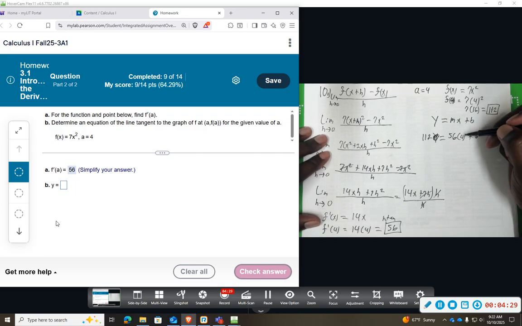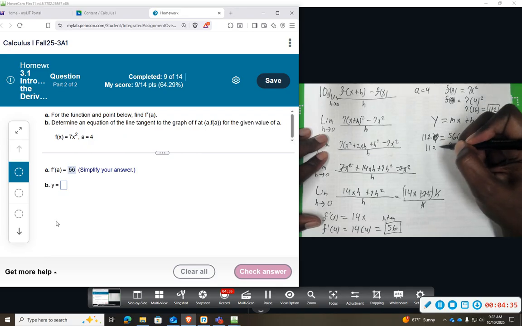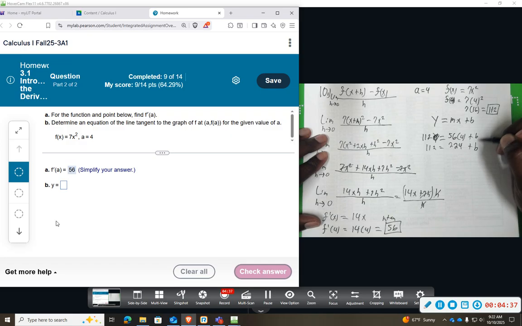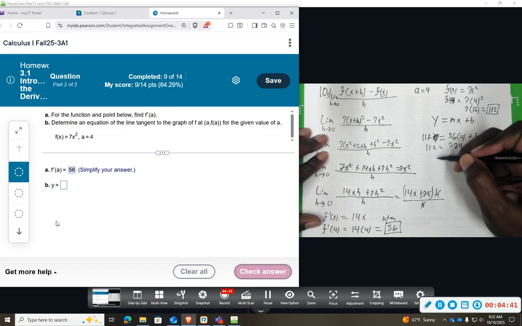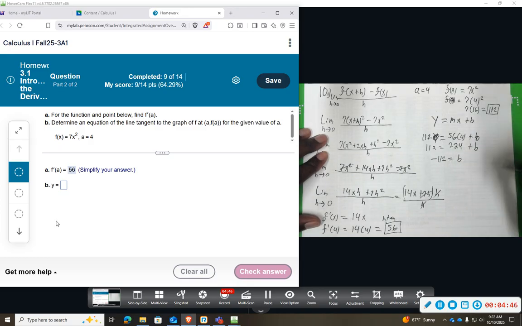So if we do 56 times 4, that gives us 224 plus b. We'll subtract 224, and that'll give us negative 112 equals b. So the equation of our tangent line is y equals 56x, and then b will be minus 112.